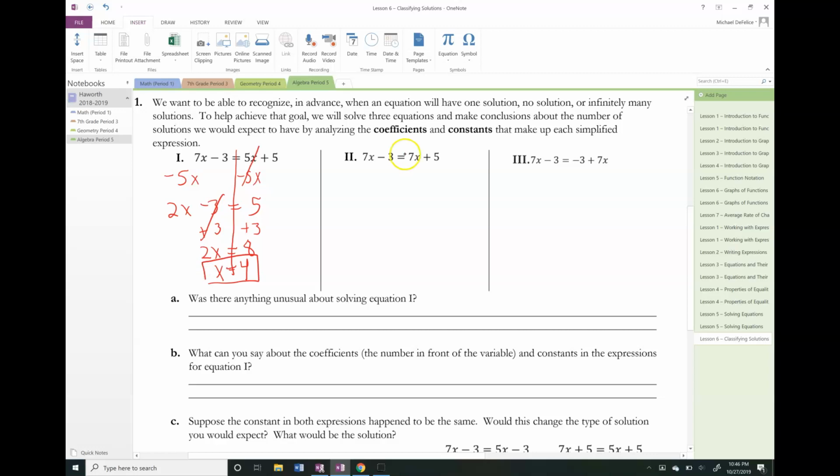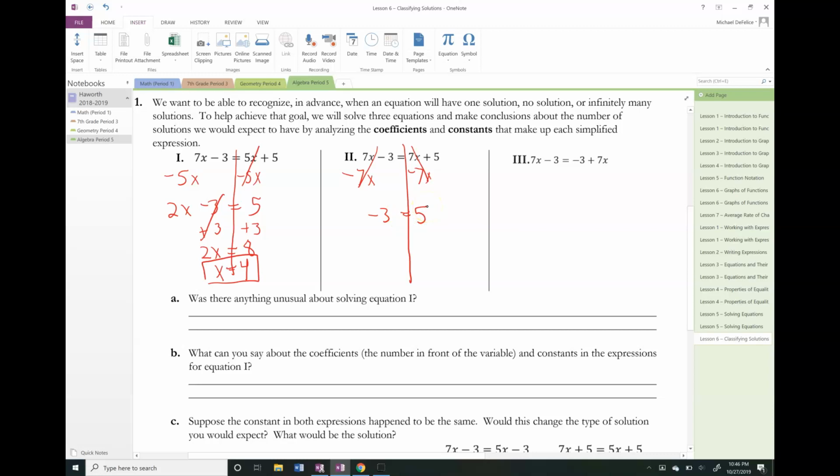On the second equation, I'm going to start with the subtraction property, and I'm going to subtract 7x on both sides. Interestingly enough, on the left-hand side I have a 0, but also on the right-hand side I get a 0. And I'm left with negative 3 equals 5.